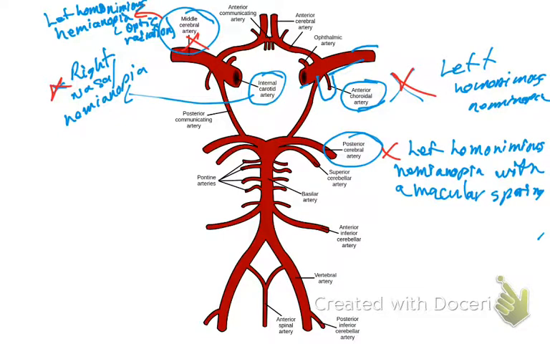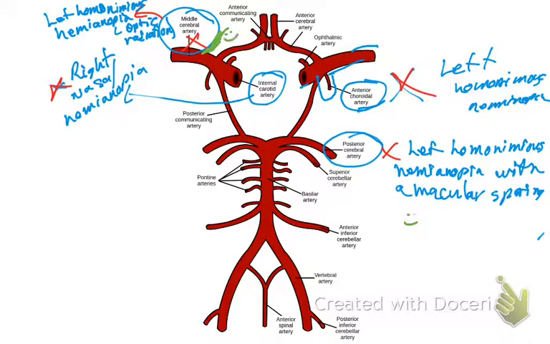And probably you are asking, but what is the middle cerebral artery? Well, the middle cerebral artery is just right here. I will show you again. I'm going to paint it in green. Happy face here.